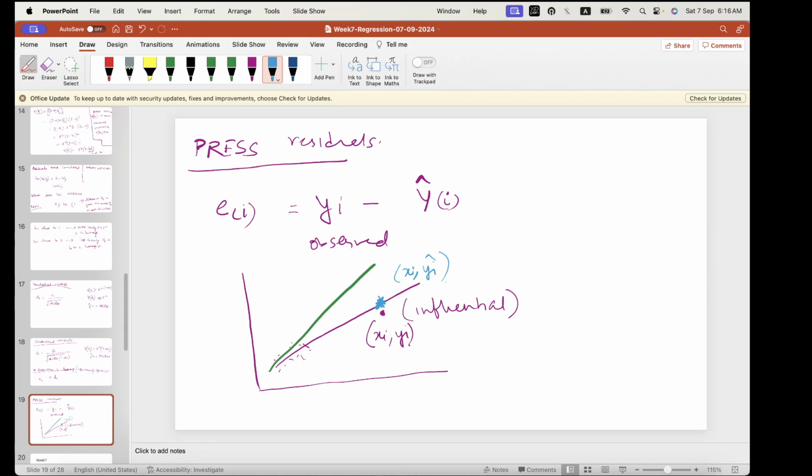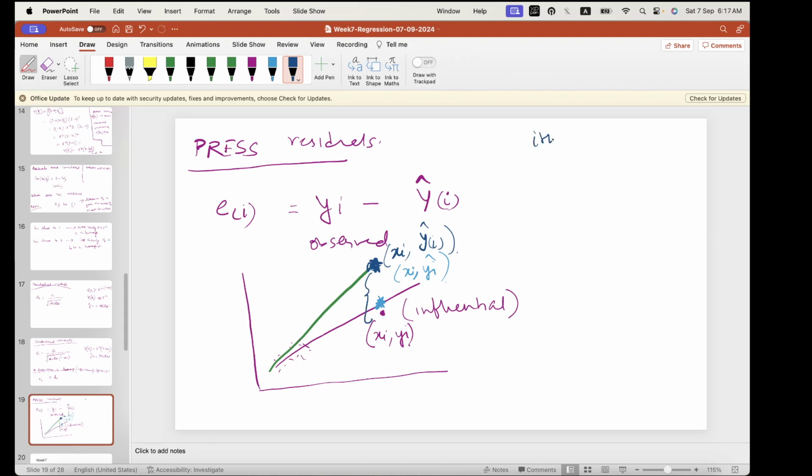If we remove this ith observation, then the regression line is not distorted, and in that case we have a prediction somewhere here. That is, we remove the ith observation from the data set and then get the y predicted. Then yi minus y predicted in that case is greater.